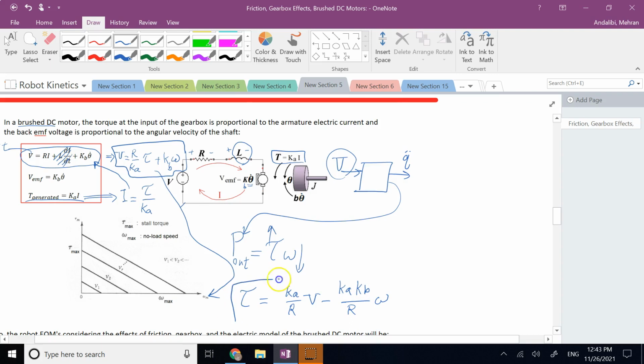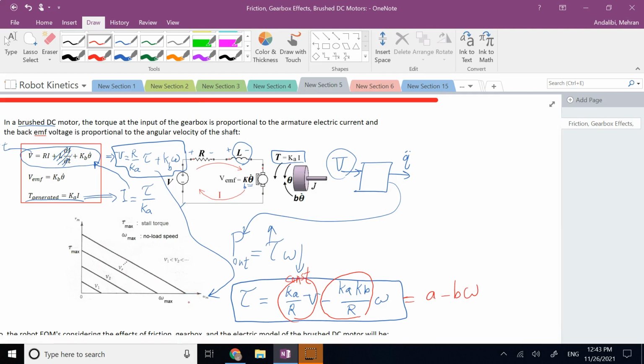So you clearly see why the relation between tau and omega is a linear relation with a negative slope. That's the slope. And this term, because V is constant, is simply going to be a constant term. So it is like a minus b times omega, which is exactly this line here. Okay, so that is justified as long as we say the inductance in the circuit is very small, which, as I said, for many practical applications it is.